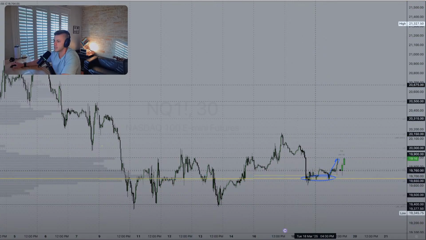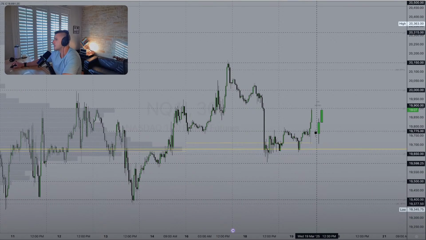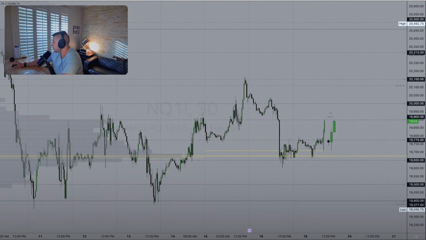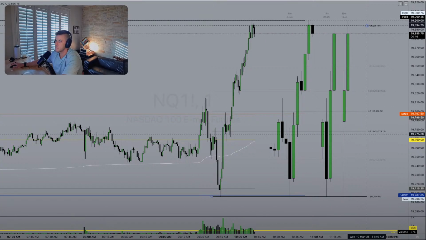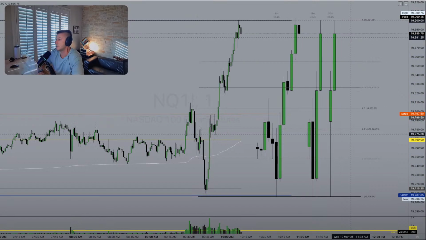So NQ true test at 900 right there. See if sellers reload here at 900.